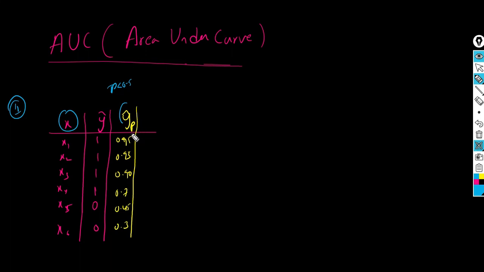The probability values have to be in descending order. This is the first step. By making the probability values descending, everything gets rearranged, and finally we get it like this.